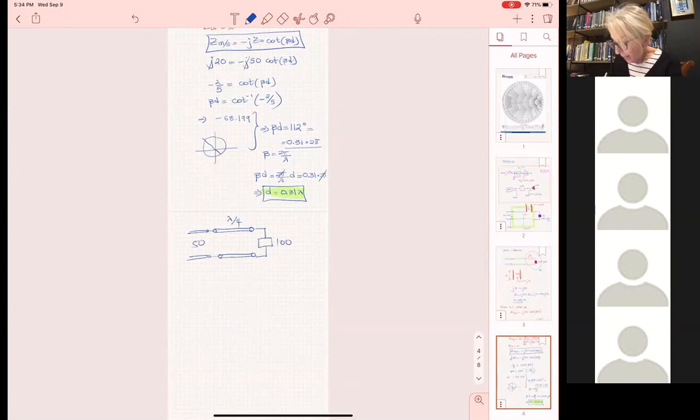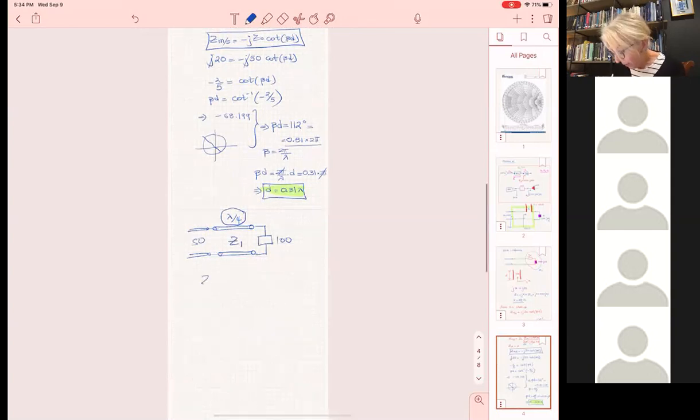Now, since the length is fixed, this is a quarter wavelength transformer. The only thing that we can control here is the characteristic impedance. How much will this characteristic impedance be? What do you think?